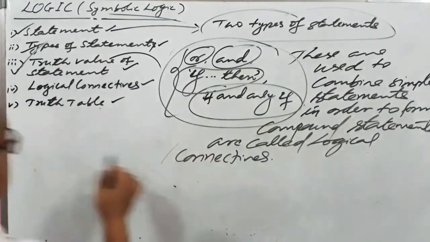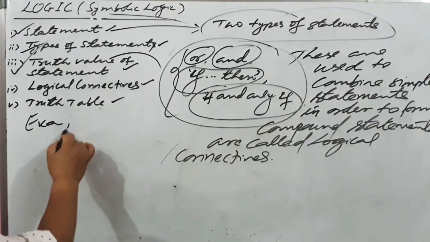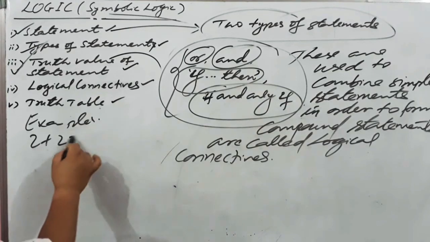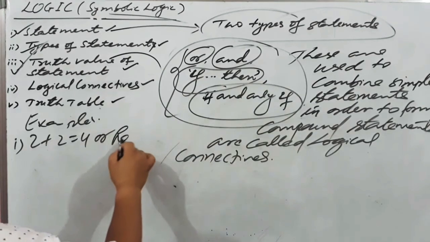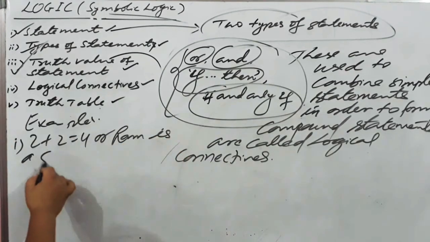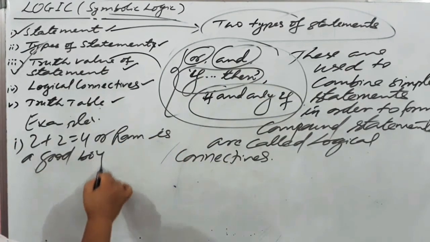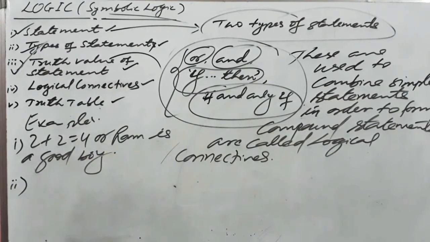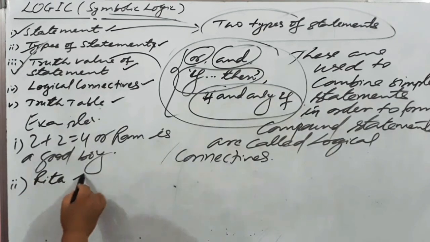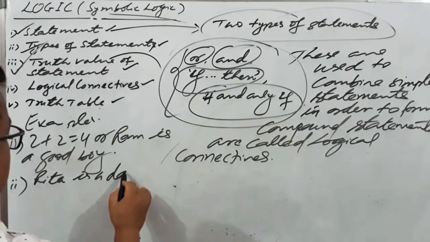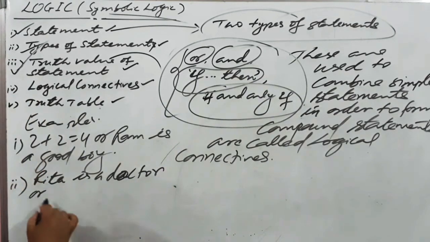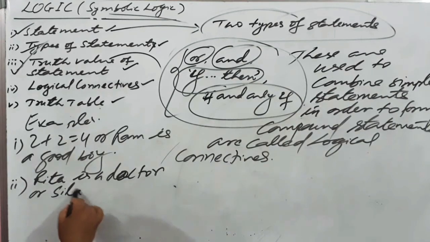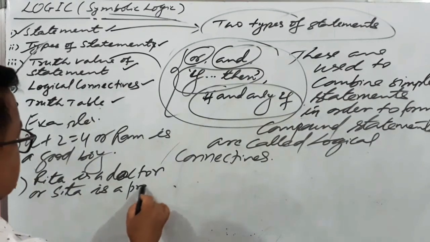For example, as I told you already, 2 plus 2 equals 4, or Ram is a good boy. Second one, Rita is a doctor, or Sita is a professor.